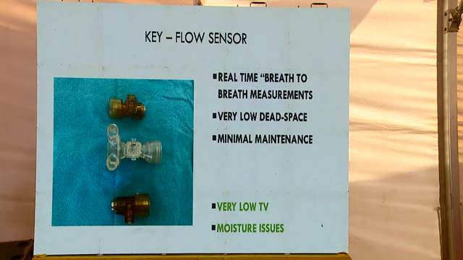But for a 1 kilo baby, in the last talk it was mentioned that 4 to 6 ml is the tidal volume, so it's only 5 ml. If the flow sensor is inside the machine, that may be lost. So to calculate the volume and flows precisely, your flow sensor should be near the tip of the endotracheal tube, and it should not be alarming, it should be calibrated. So this is the first and foremost thing.